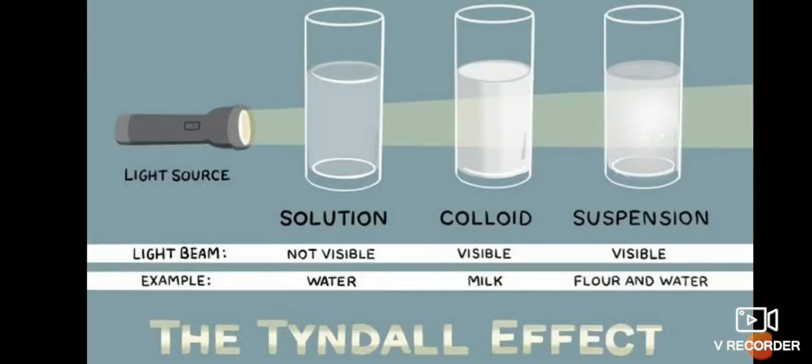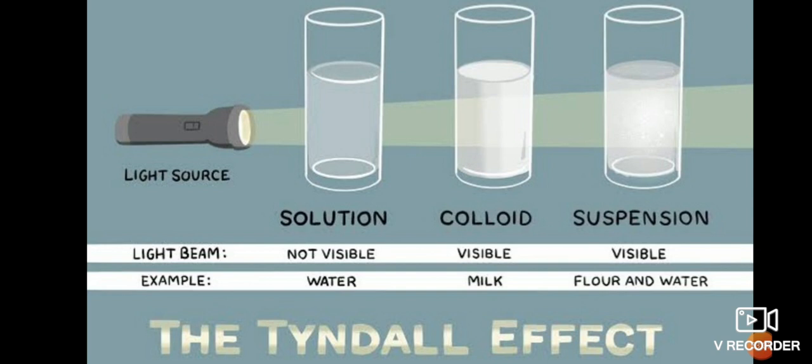See, if you look into this picture, here a light source, a torchlight, has been focused onto three types of solutions. One is a normal solution, one is a colloid, and another is a suspension. If you focus onto the first solution, the light rays are not visible in the solution, because it is water.